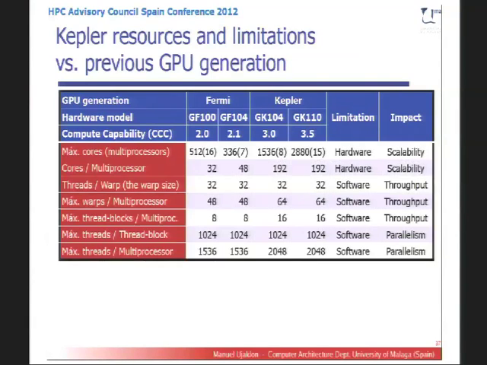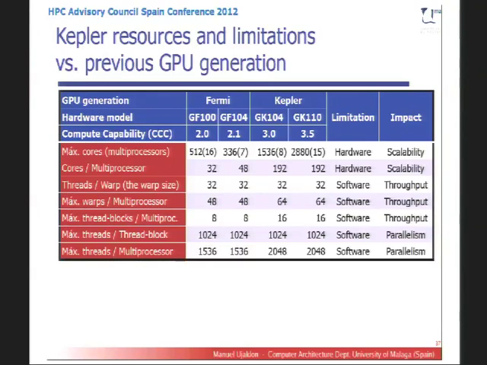So let's go ahead, and we have here the software constraints. After deploying the number of cores that you have for each multiprocessor, which I have already anticipated was 192, you go to the warp size, which is going to stay constant through the whole generation.